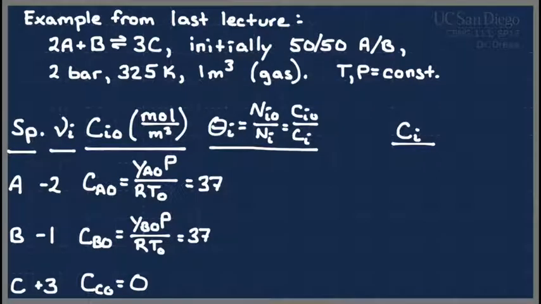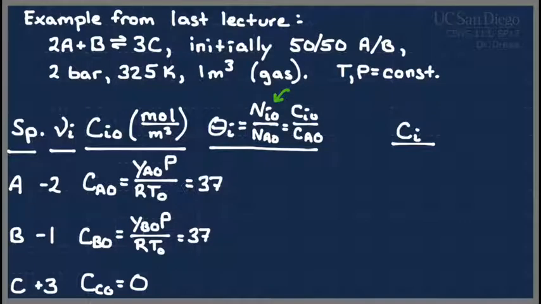Yeah. So the two elements that we had left off here was the theta column. So we had originally defined theta as the moles of any species I initial over the moles of A initial, which is the same as the concentration of I initial over the concentration of A initial, because you can divide the top and the bottom by the volume initial, and you end up getting the same thing.